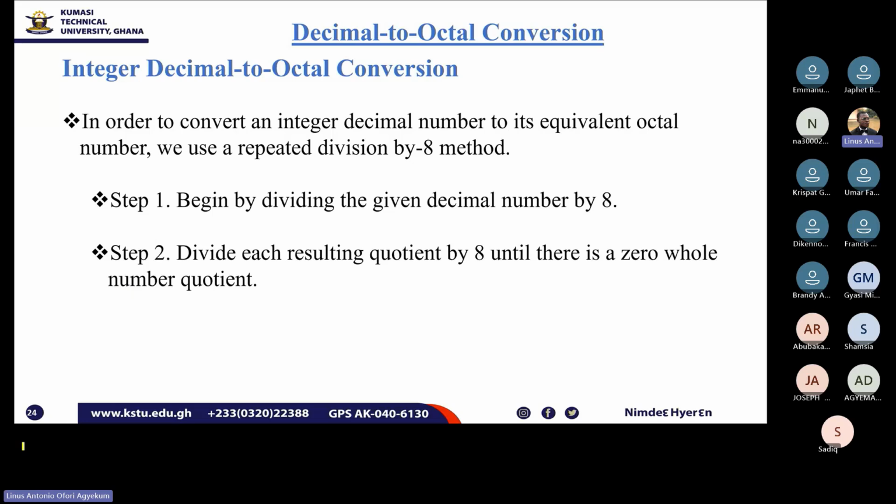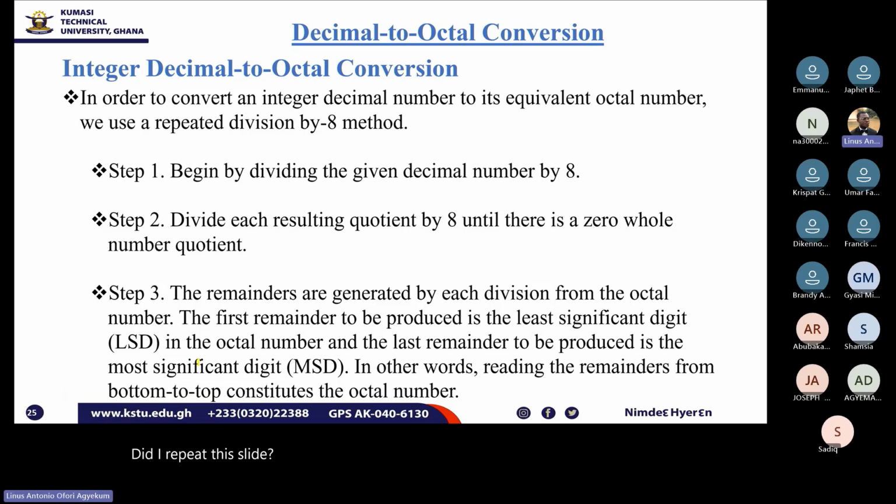And similarly, the remainders generated by each division form the octal number.